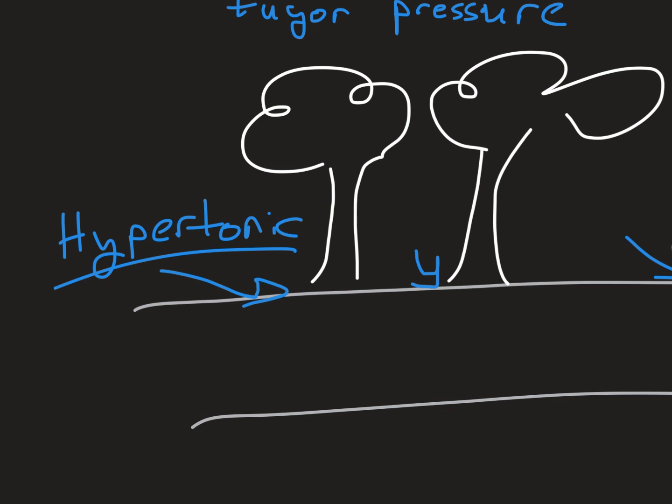Hypertonic. Where's the water moving? Higher. So in which direction would water move in this case? In the ground. So the water will move down. So you're just killing the plants. That's why freshwater plants don't grow well where there's a lot of salt.